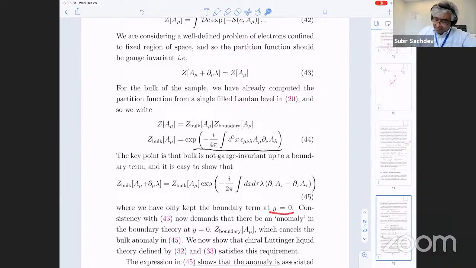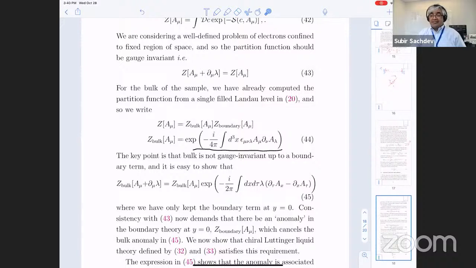So there's a contribution, say at y equals 0, which is only an integral over two space-time coordinates, x and tau. The y coordinate has been integrated over, which depends on lambda times, in fact, the electric field on the edge. So the bulk contribution is not gauge invariant.